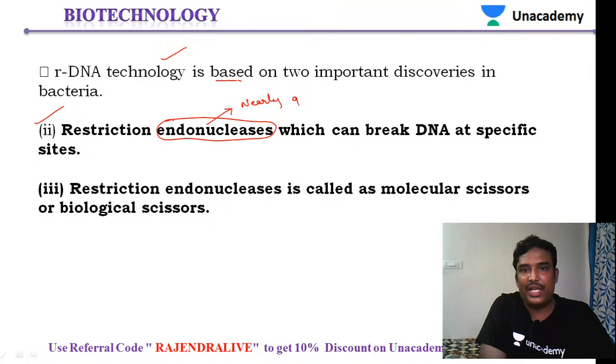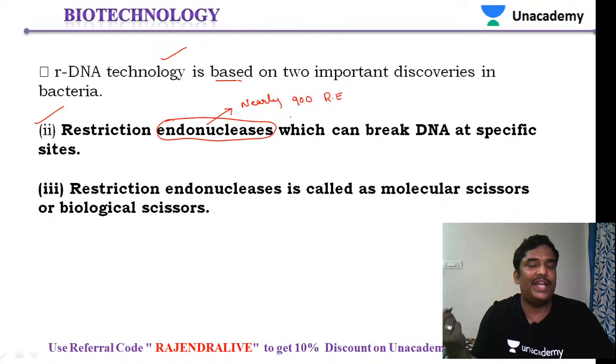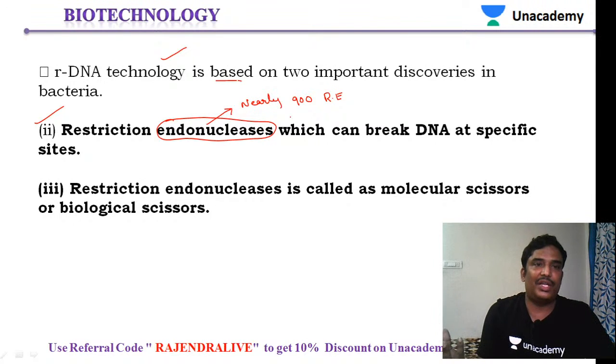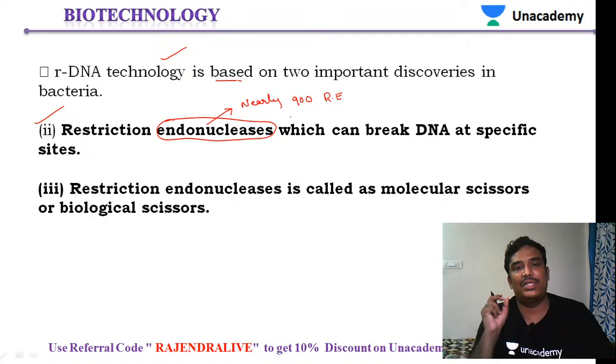So in rDNA technology, the first important discovery is the discovery of plasmid, and the second important discovery is the discovery of restriction endonucleases.